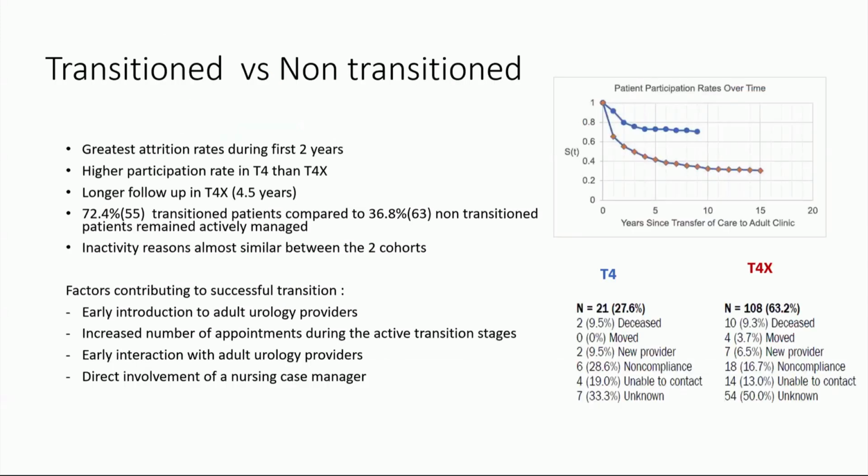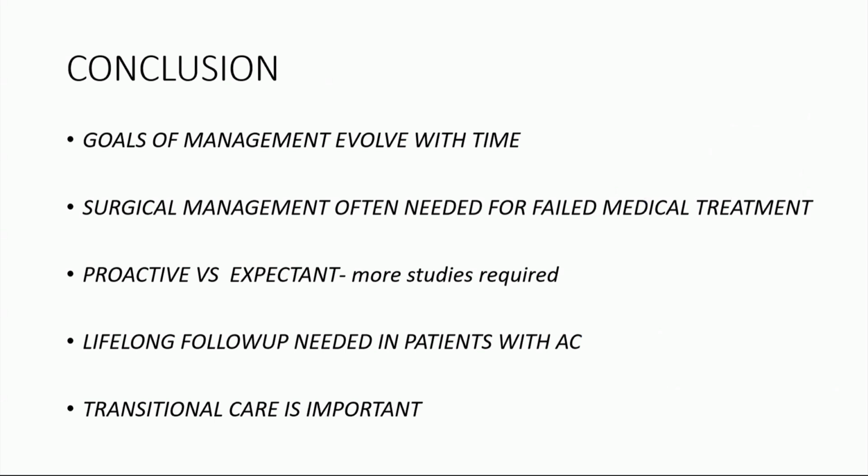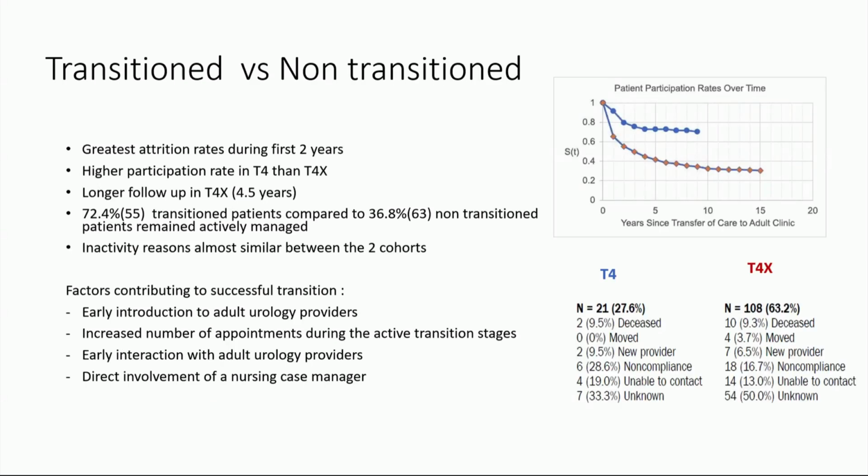On comparing the transitioned to the non-transitioned patients, in both groups the greatest attrition rates were seen during the first 2 years, and there were higher participation rates in the transitioned patients at each given point of time than in the non-transitioned patients. However, the non-transitioned patients followed up for a longer period of time, and 72% of the transitioned patients compared to 36% of the non-transitioned patients remained actively managed.